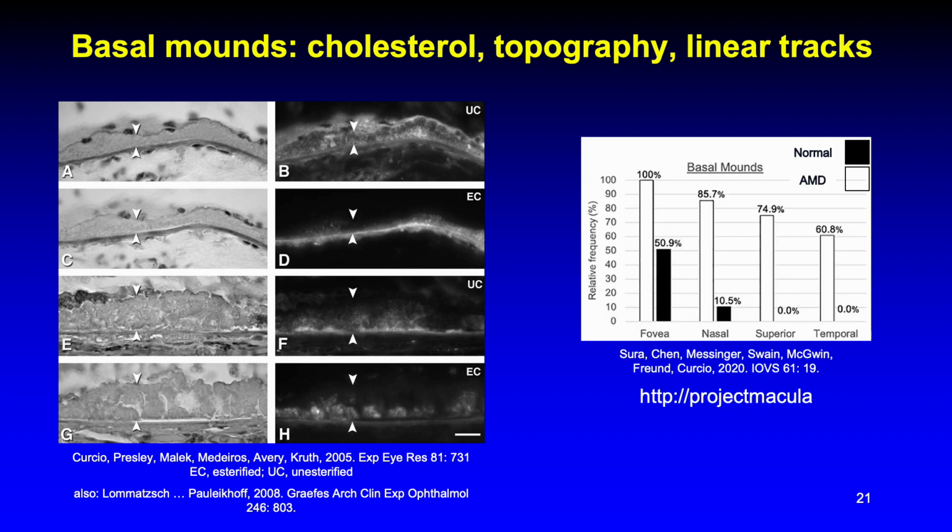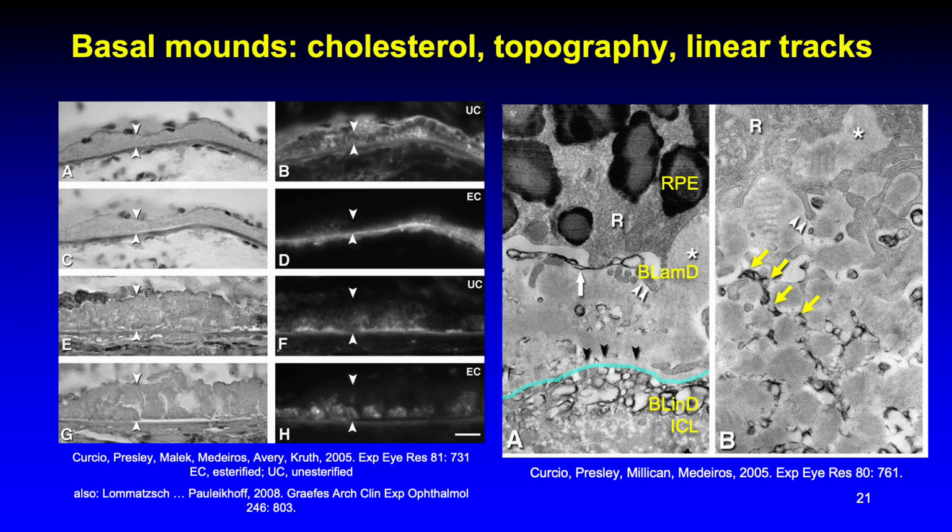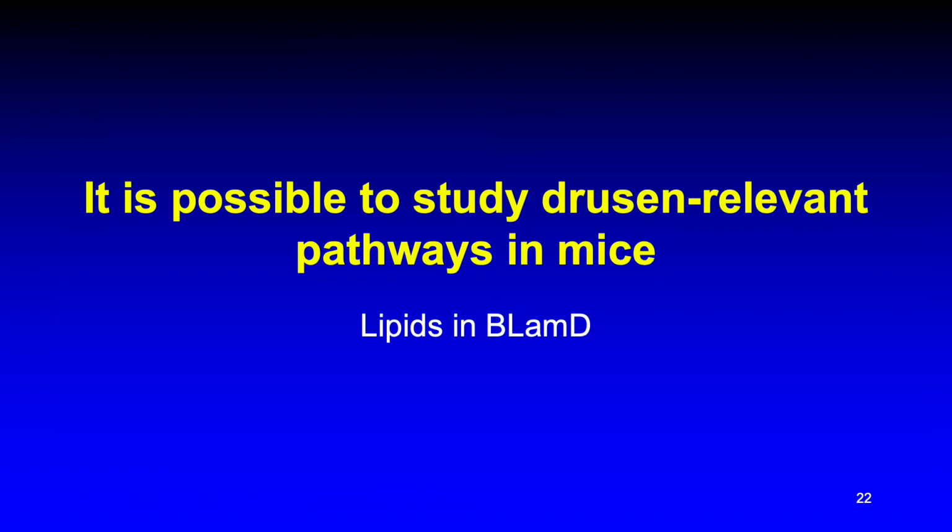In the Project MACULA eyes, basal mounds preferentially localized under the fovea, as do other soft drusen materials in both AMD and aged eyes. We used lipid-preserving ultrastructural techniques to demonstrate solid electron-dense material distinct from the membranes of RPE basal foldings crossing BLamD.